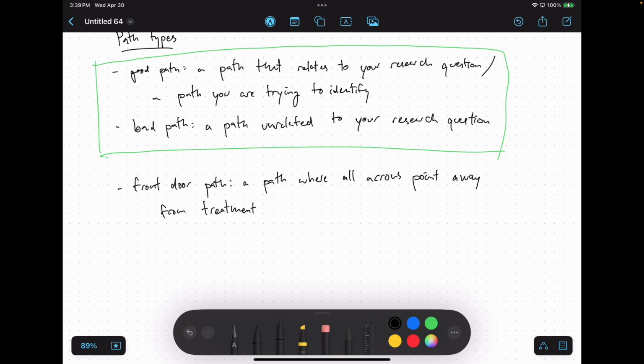Okay? And a backdoor path is a path where at least one arrow points towards the treatment.